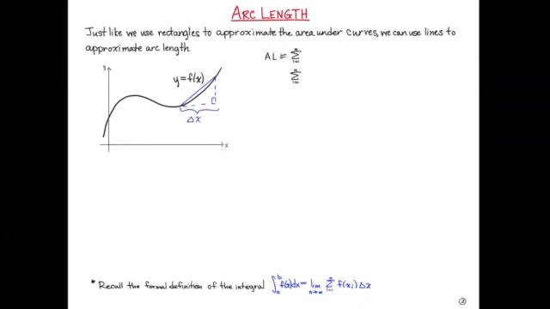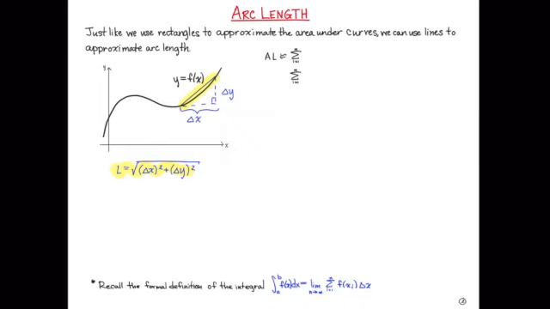And along the vertical leg, this will be our change in y. And so we can say that this one line segment here is going to be the square root of our delta x quantity squared plus our delta y quantity squared.